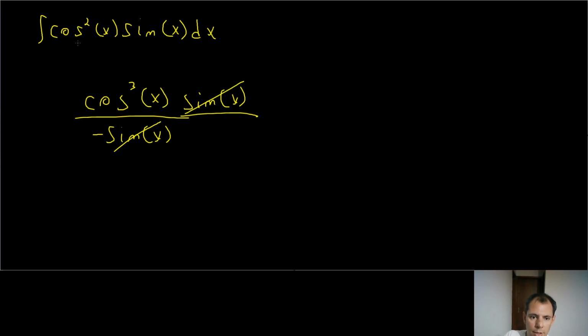Because it's cosine cubed divided by 3. So since everything is positive in the numerator and in the denominator you got a negative, the whole thing is just going to become a negative, okay? So it's going to be equals minus cosine cubed of x divided by 3 plus c.